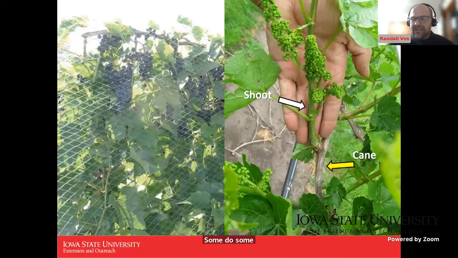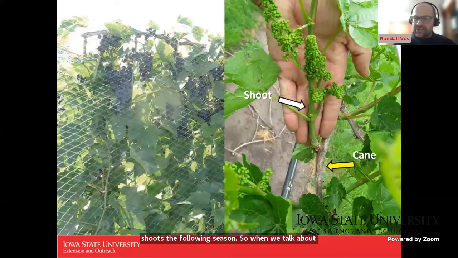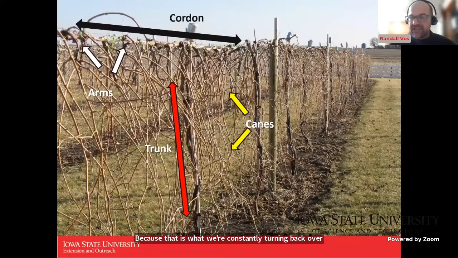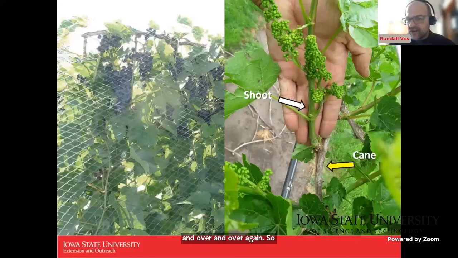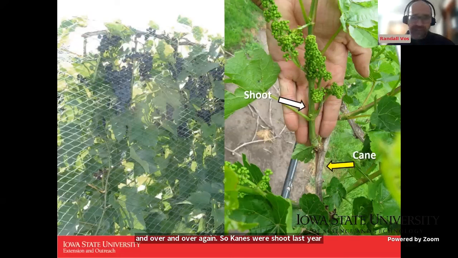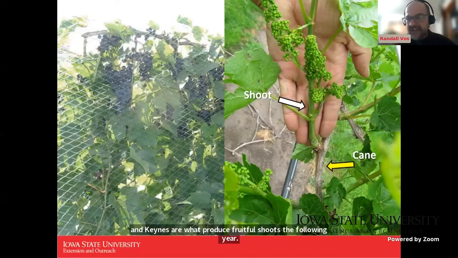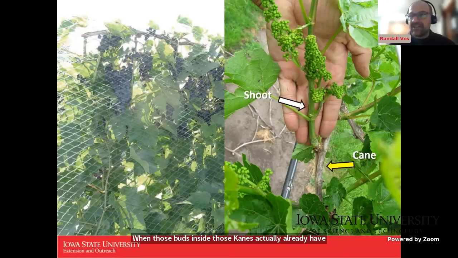So when we talk about pruning, cane management is really what we're talking about, because that is what we're constantly pruning back over and over again. And those buds inside those canes already have the microscopic clusters inside them. Those buds were developed last summer.